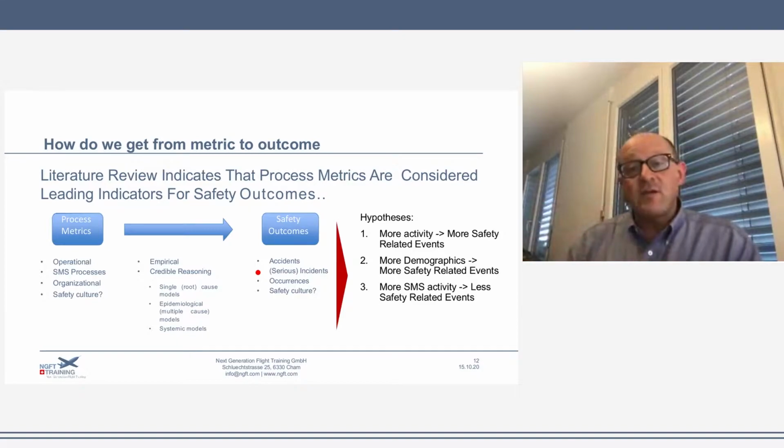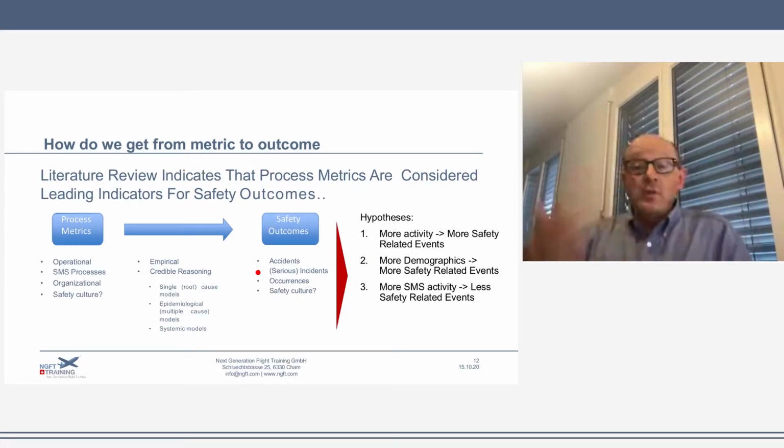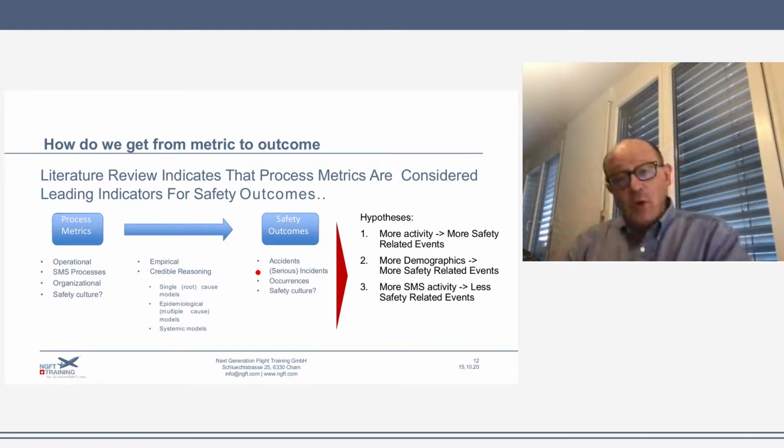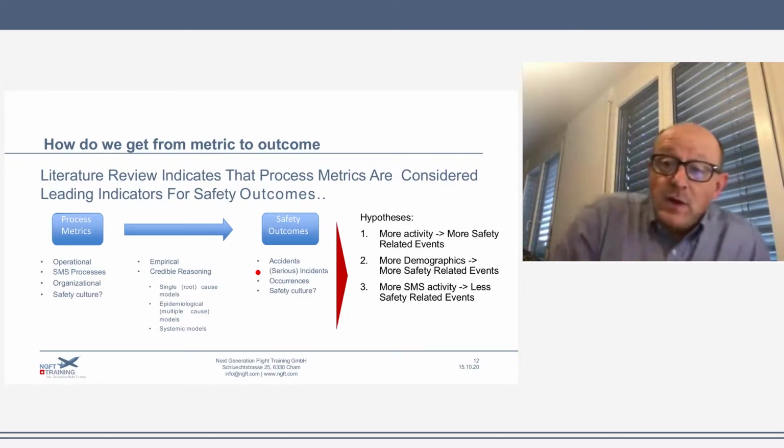If it's handcrafted, you work with heavy machinery, there typically are more safety-related events. So whenever humans come into play, there will be more safety-related events. And also, the more SMS activity you have, the closer you look at what is happening and how things are done, the more safety-related events you will detect.